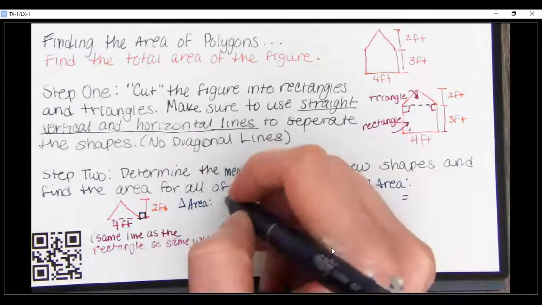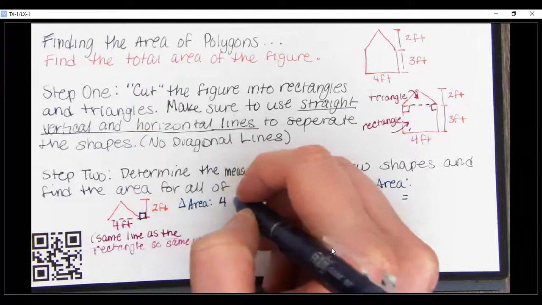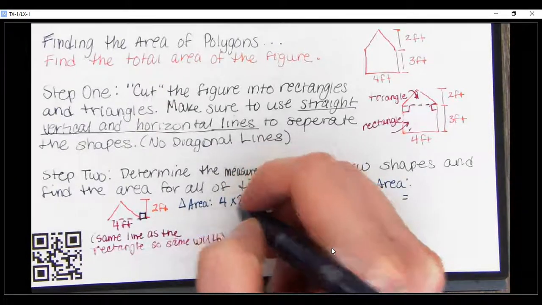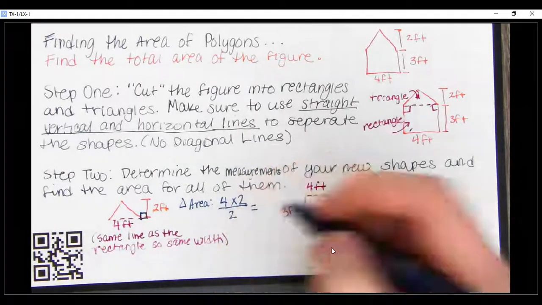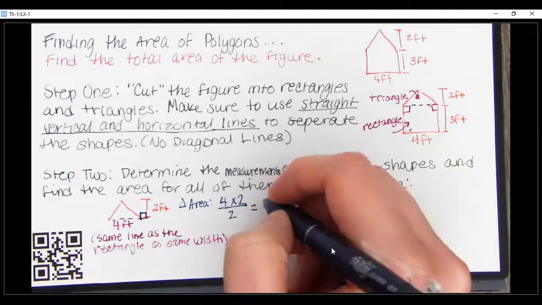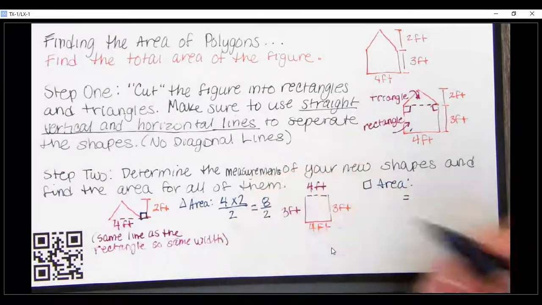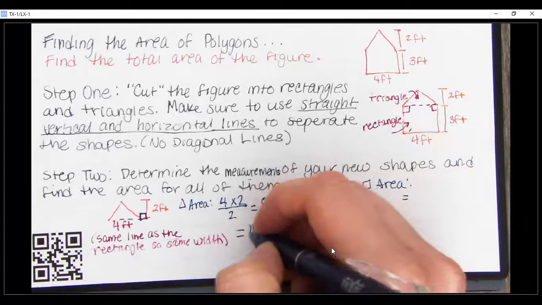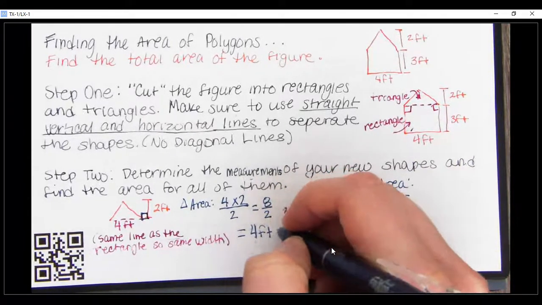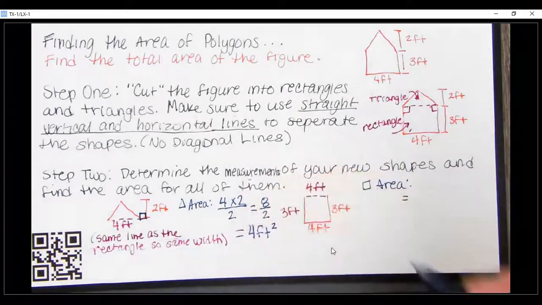So I have my base times my height, and then I'm going to take that amount and divide it by 2. Well, 4 times 2 is equal to 8. And when I divide 8 by 2, I am left with 4 feet squared as the area of my triangle.